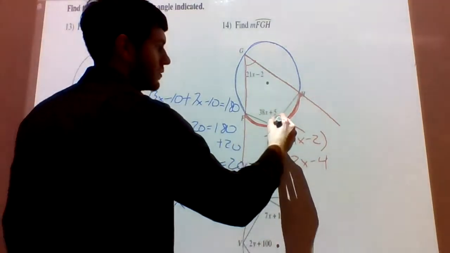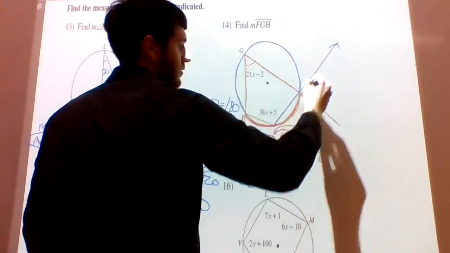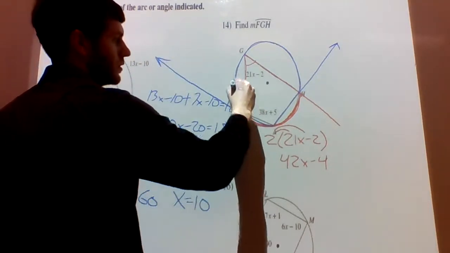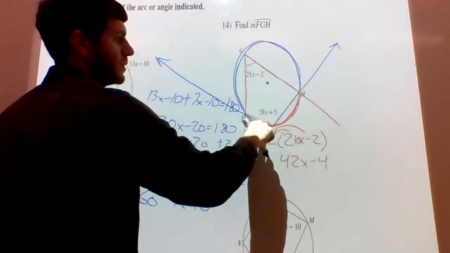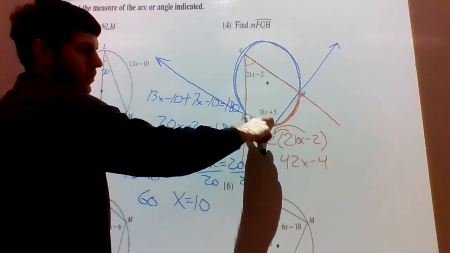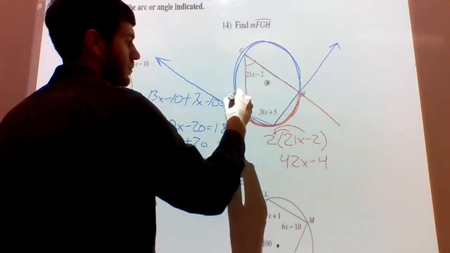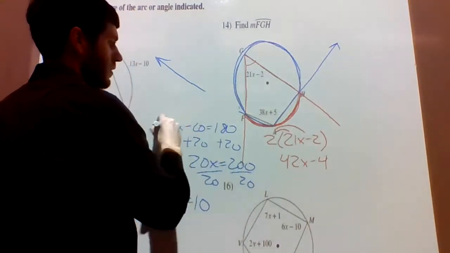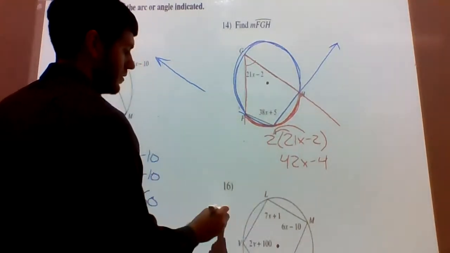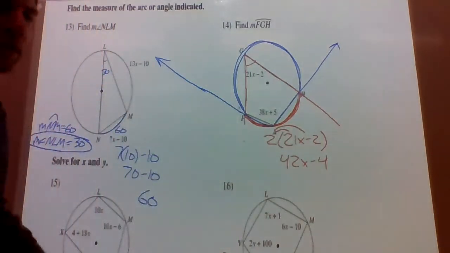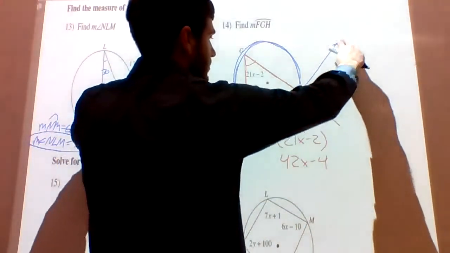Here is our inscribed angle, angle A. And here's our intercepted arc. So this is going to be twice the inscribed angle. Let me erase this so we're not confused. So here's our inscribed angle.